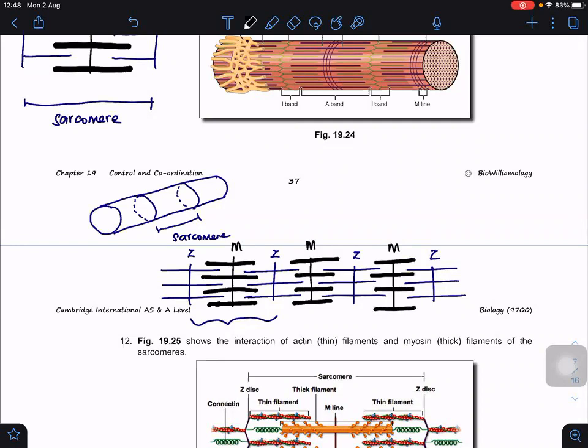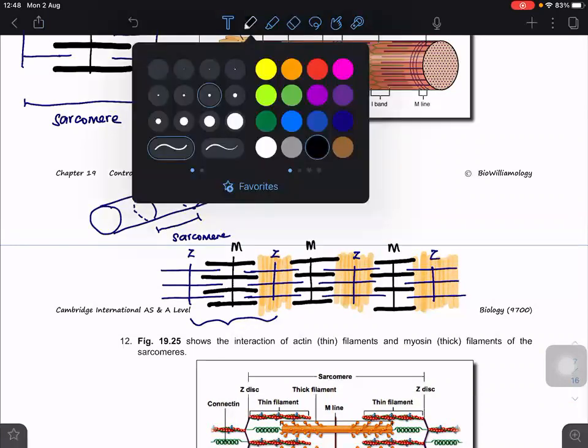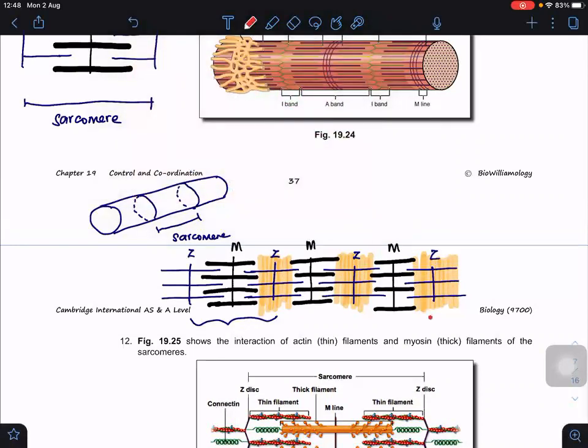Can you see that it forms a zone? If I color it, you can see the zone that's lighter in color, this part. This lightest zone here is known as the I zone.